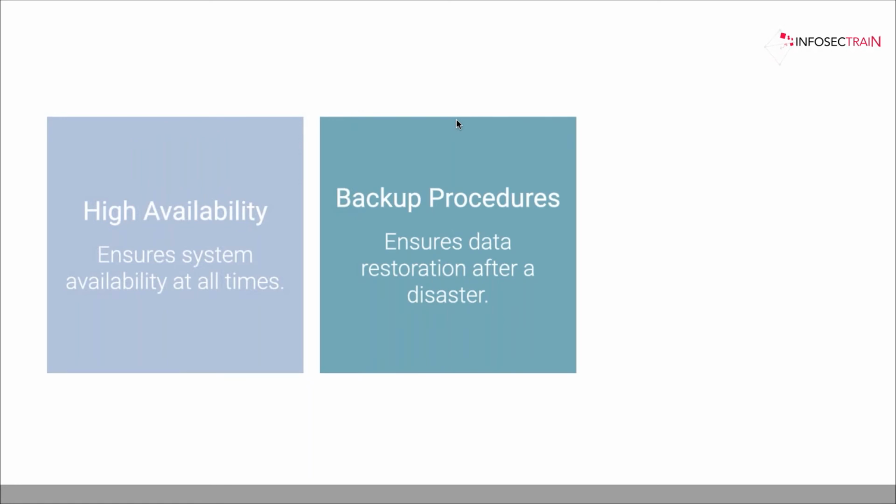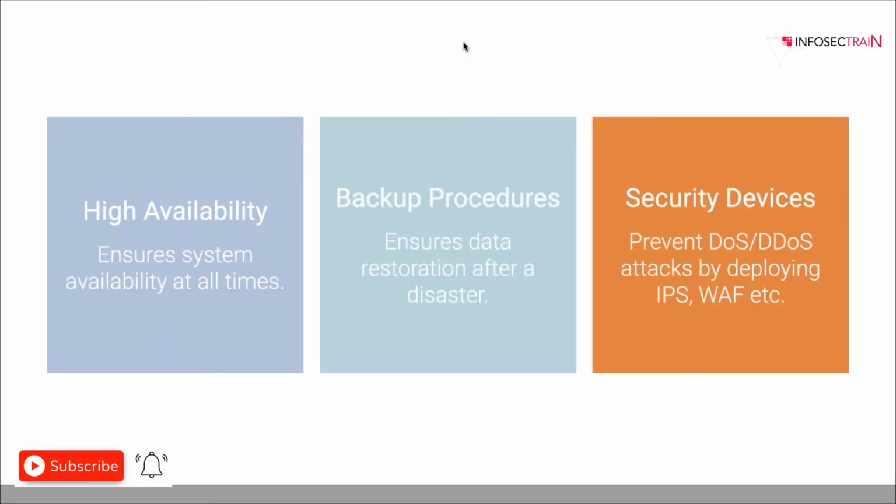Ensure your data can be restored after a disaster. Also we can try to prevent, for example, a DoS attack or DDoS attack, like you have IPS or WAF. What's a WAF, by the way? Web application firewall, brilliant there. So these are some of the things you can use to protect availability, etc.